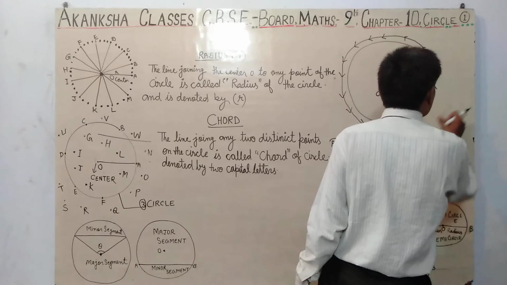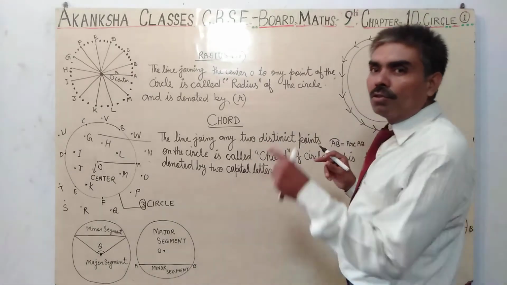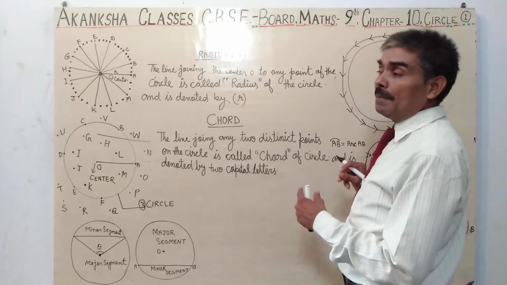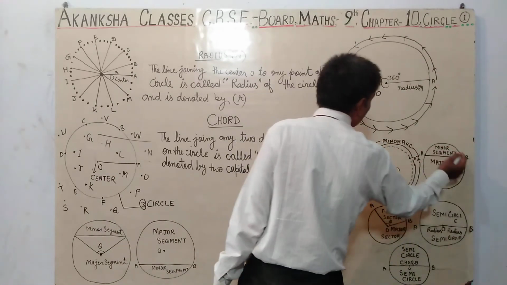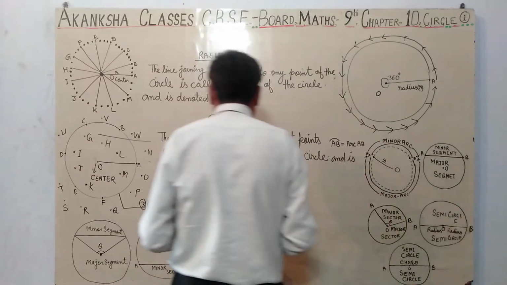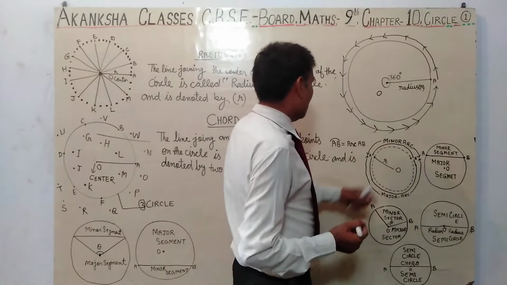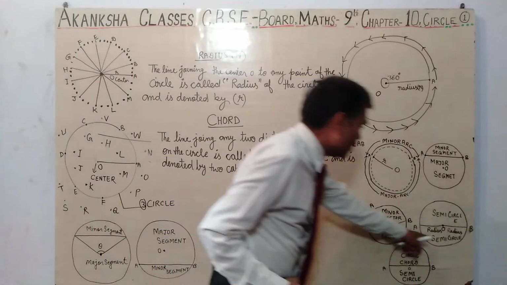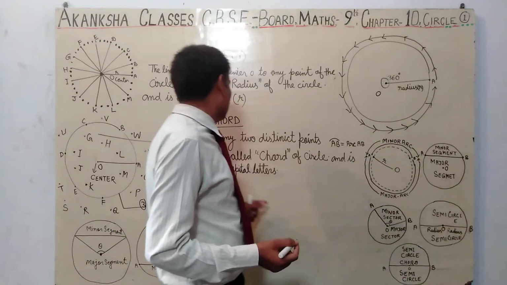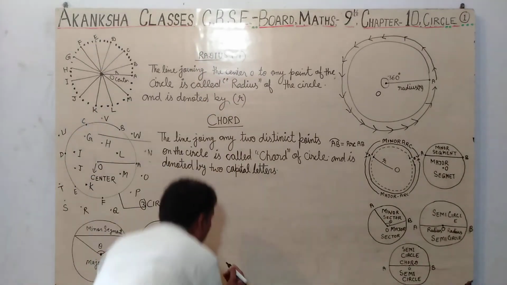But if a line can be drawn through two given points, then the given points are said to be distinct points. Here A and B are distinct points. Here AB is the diameter, but how we will decide the definition of diameter, we will see further.